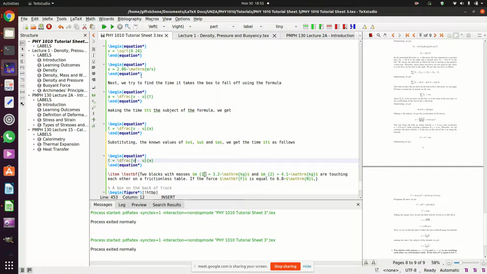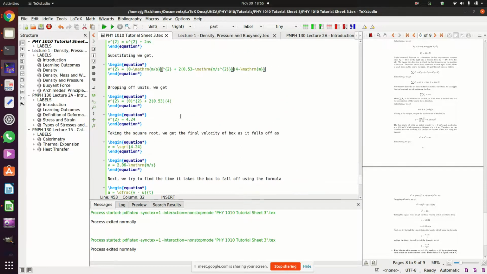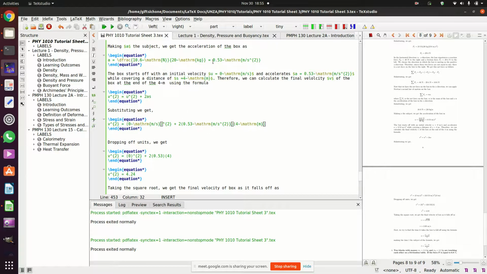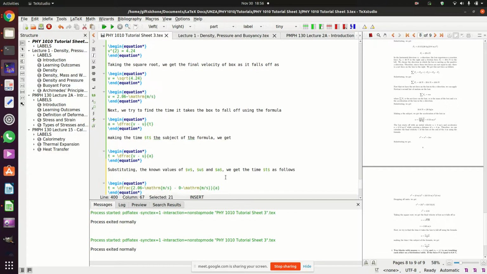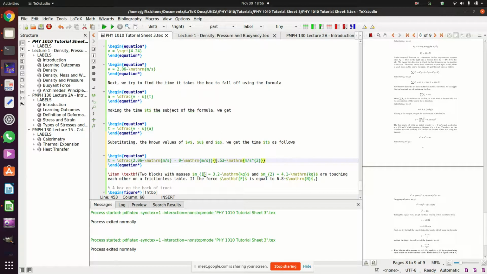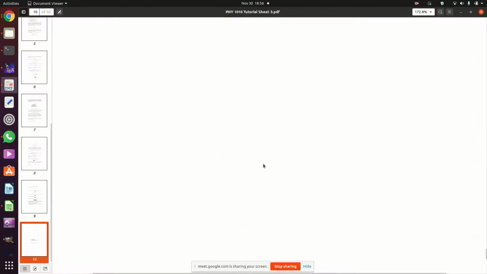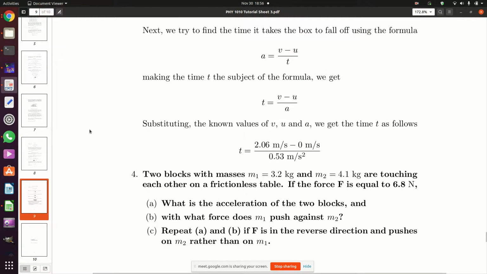So final velocity is that. Initial velocity is 0. The acceleration of the box is that. So this is what you have. Looks messy a bit.